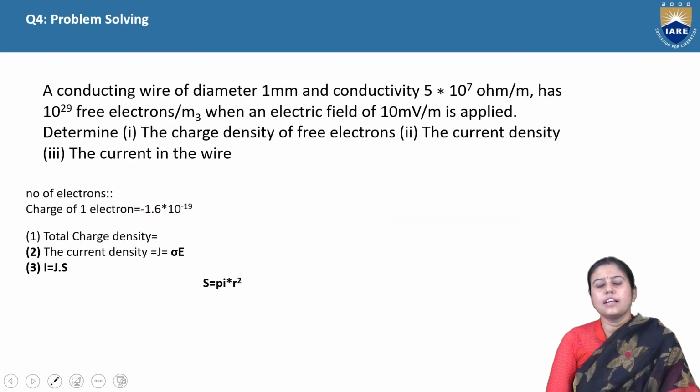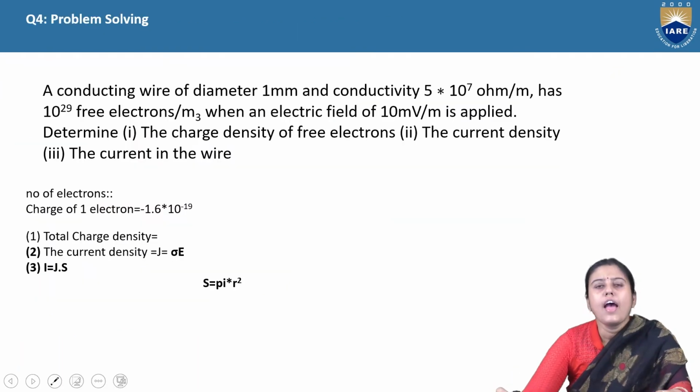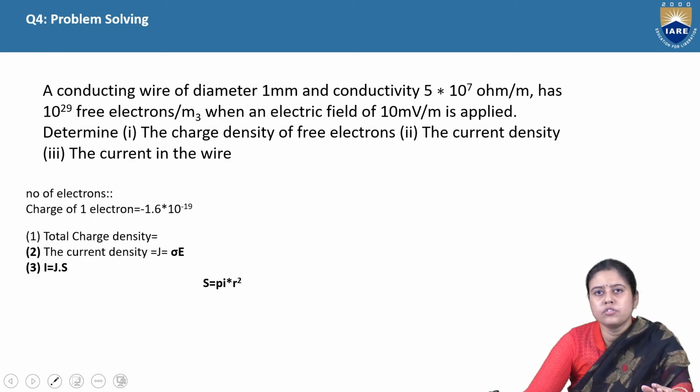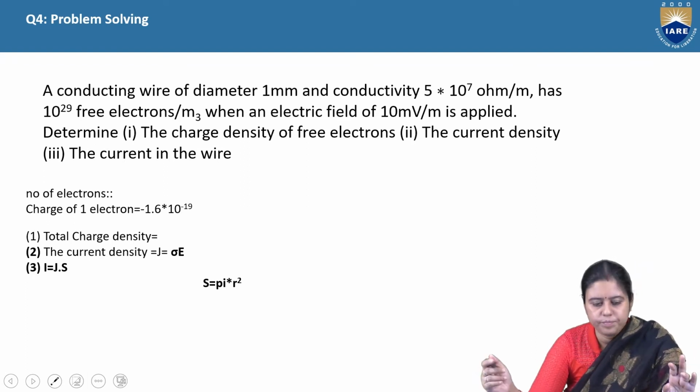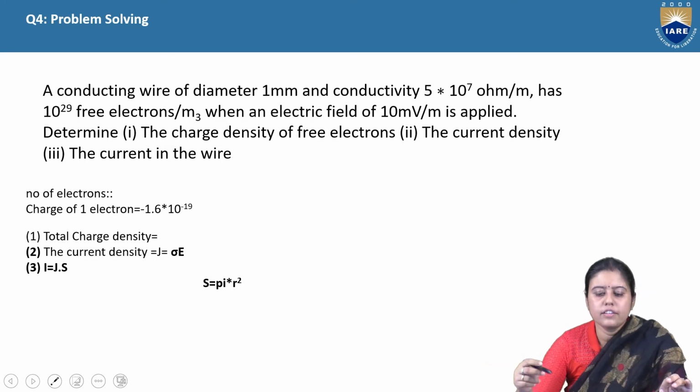Now we are discussing question number 4, and question number 4 is a problem from this chapter. Already we have discussed a separate problem solving of capacitor in our previous lecture. Today we are taking only one problem from your question bank, which is based on the previous continuity equation. So let's do.